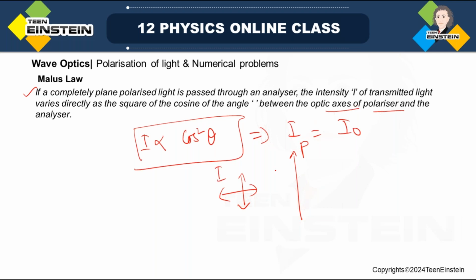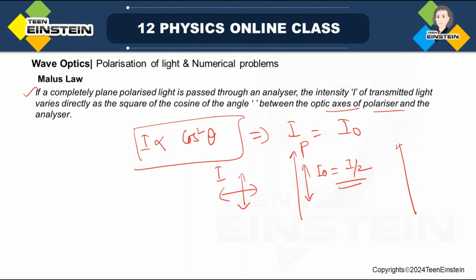Suppose here intensity is I, here I'll get intensity I0, which is I by 2. This is the first polarized light.